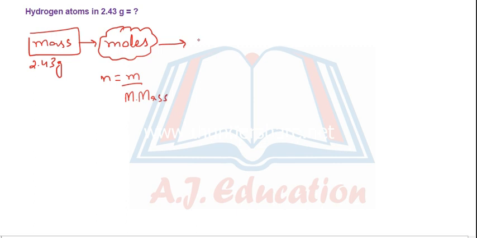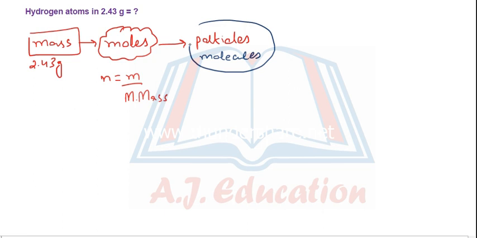Then we are going to calculate the particles, and here the particles are molecules of aspartame. From these particles we are going to determine number of atoms of hydrogen.